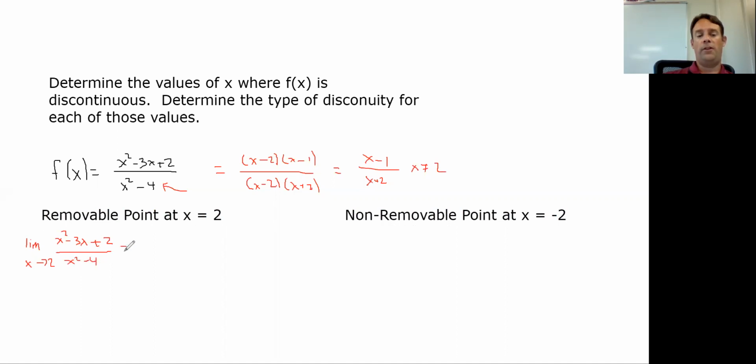And we would have found out that it was 0 over 0. And then by rewriting it and factoring out that factor, I could have proven that the two one-sided limits would have been equal to 1/4.